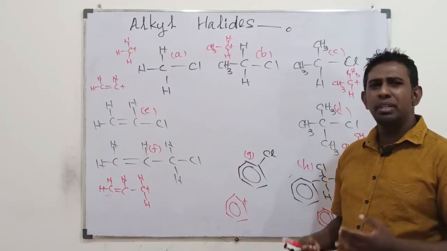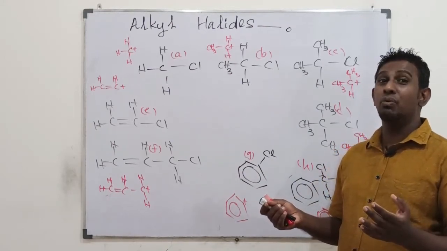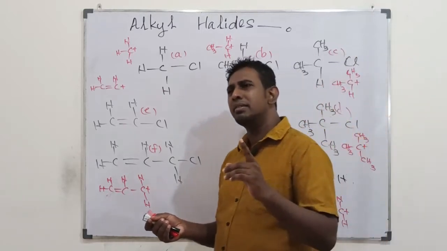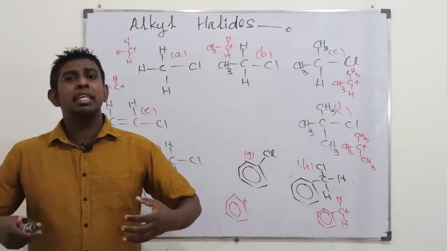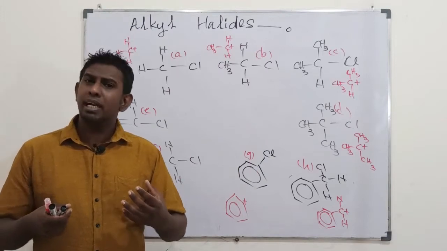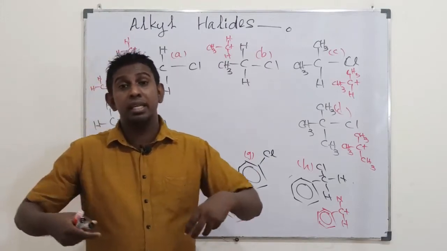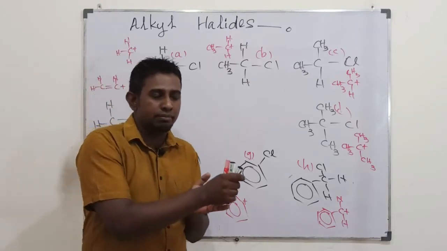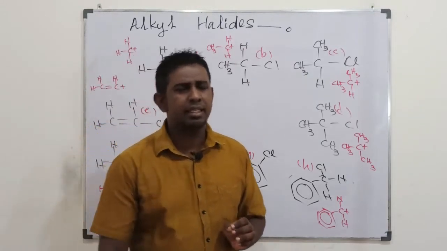Okay. So then students, let's find out what would happen next. What would happen next is that the relative stabilities of the formed carbocations are now our concern. Think of it like this.